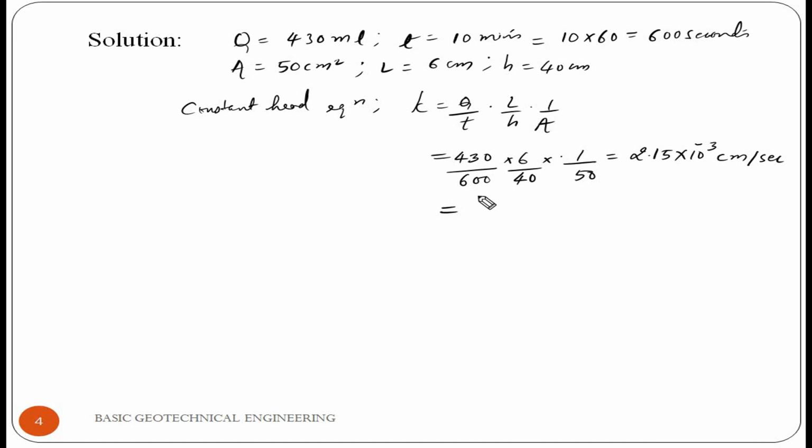So if you want in terms of meter per day, then one centimeter per second is equal to 864 meter per day.